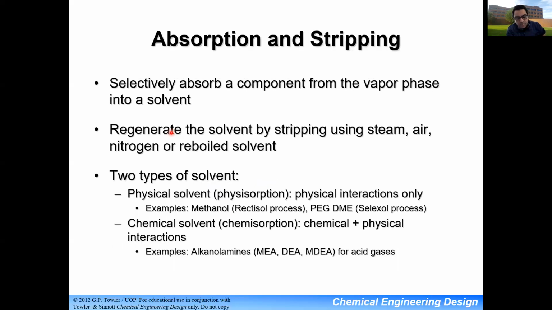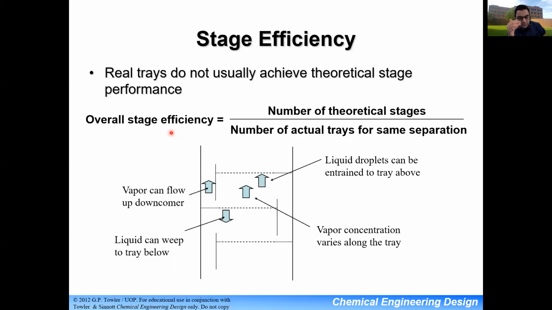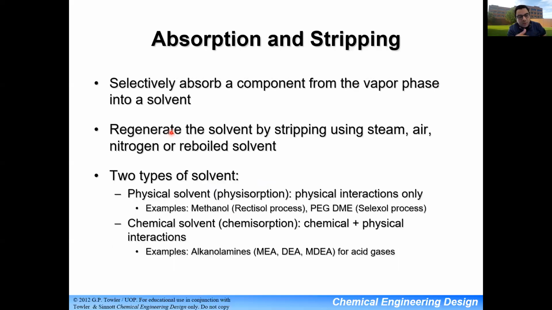Okay, so this will be the end of the concepts we're talking about for distillation. Now we're going to move on to another very common type of separation process in industry, absorption and stripping, okay? The idea of absorption is I'm using a solvent or a mass transfer agent to selectively absorb or dissolve a component from the vapor phase into a solvent, right?